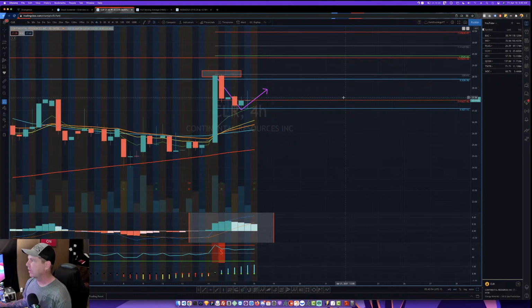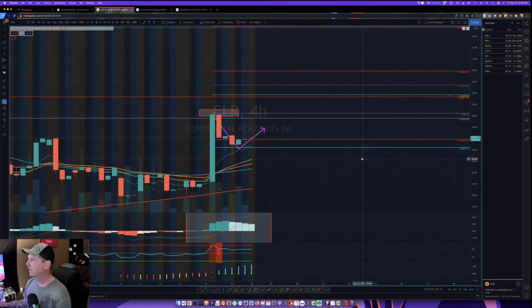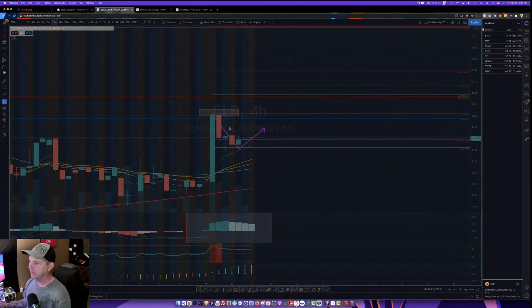So for CLR, I'm looking at a bullish move, any sort of break of the $28 level. I feel we can move up to $29, $30, in that we've got a high short float, we've got stacked positive moving averages, we've got a daily squeeze that's about to fire.